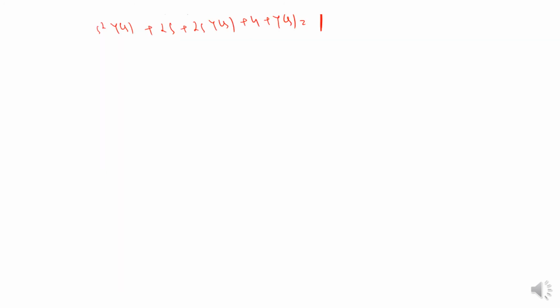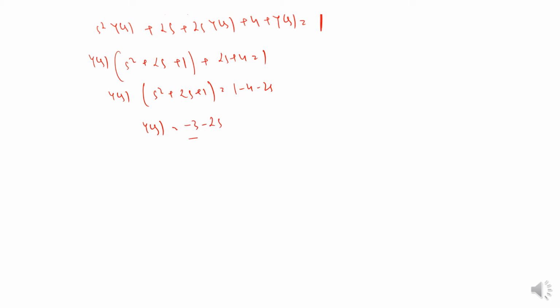Now if we take y of s common, then s square plus 2s plus 1, and sending the rest to this side, y of s into s square plus 2s plus 1 is equal to 1 minus 4 minus 2s. So y of s is equal to minus 3 minus 2s by s square plus 2s plus 1.